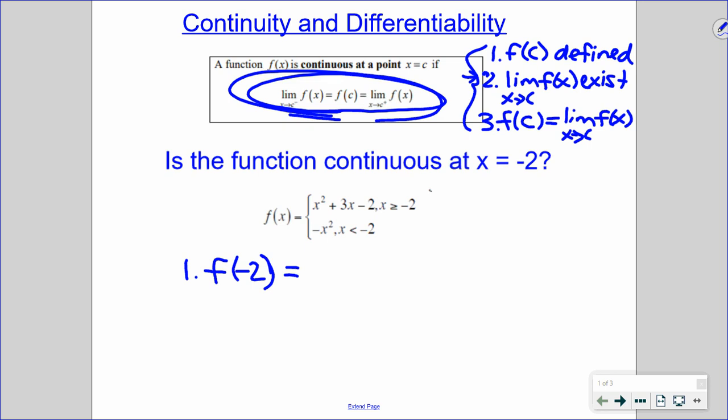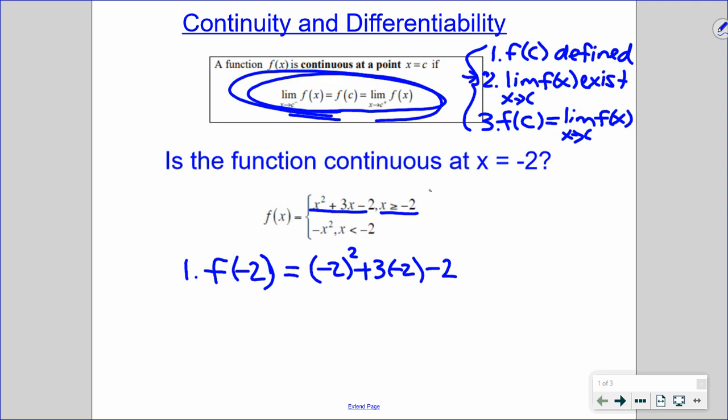So based on our piecewise function, see here how x is greater than or equal to -2, we would plug in to the x squared plus 3x, and I'm just plugging in -2 for x in order to evaluate the function.